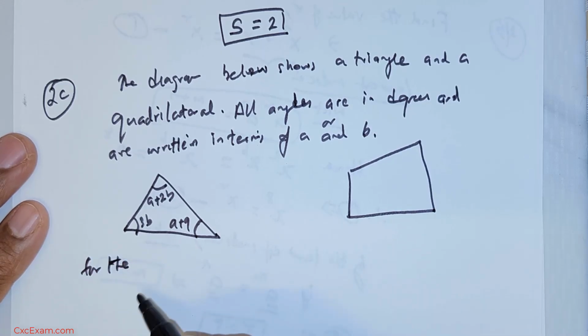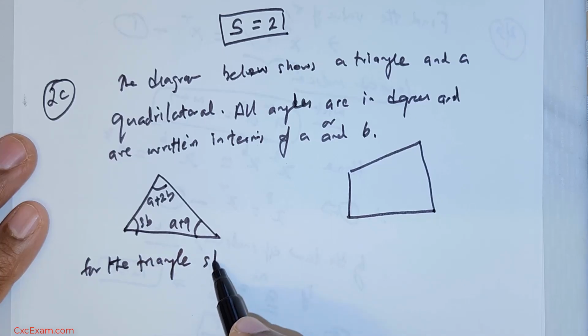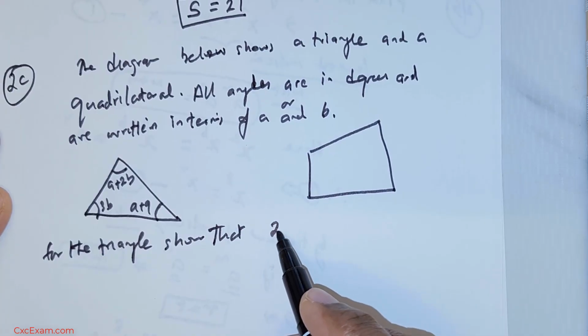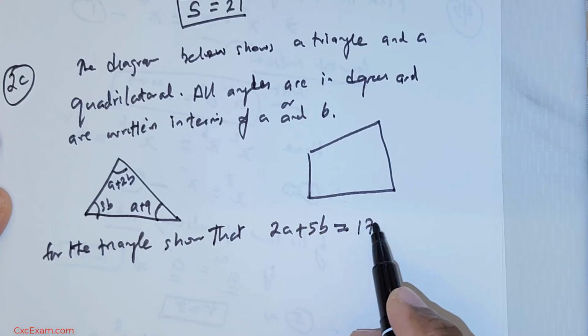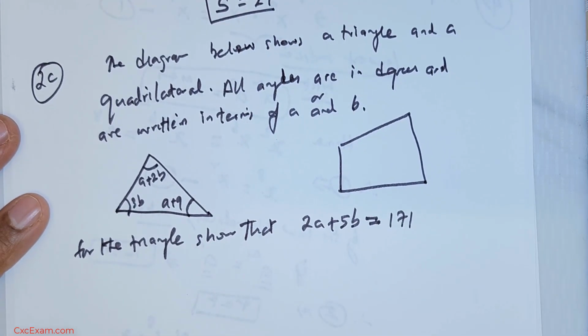Now for the triangle, show that 2a positive 5b is equal to 171. So we have to prove, or we have to show the result.